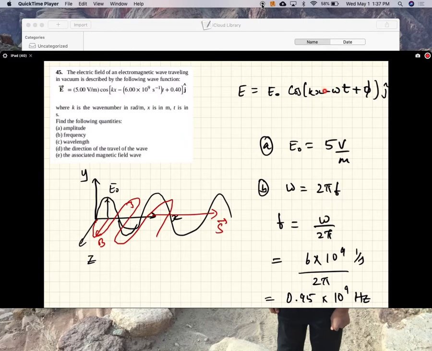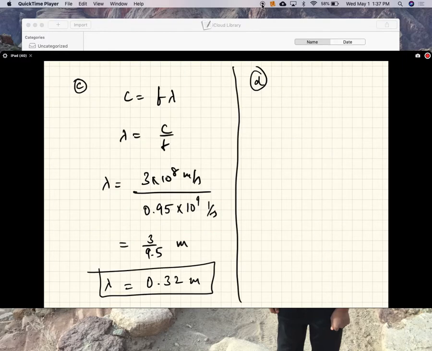That would be a plus. As time increased, x would have to decrease to keep the phase constant. So the wave travels to the right, in the positive x direction.